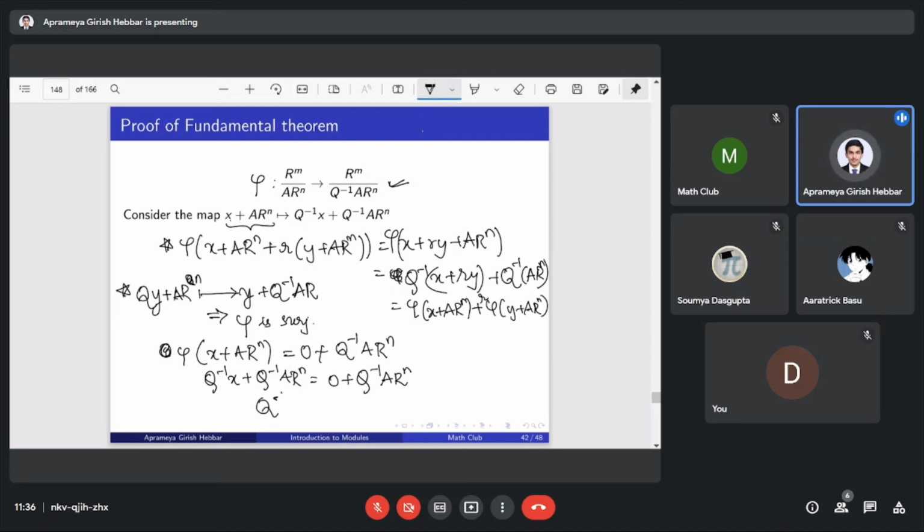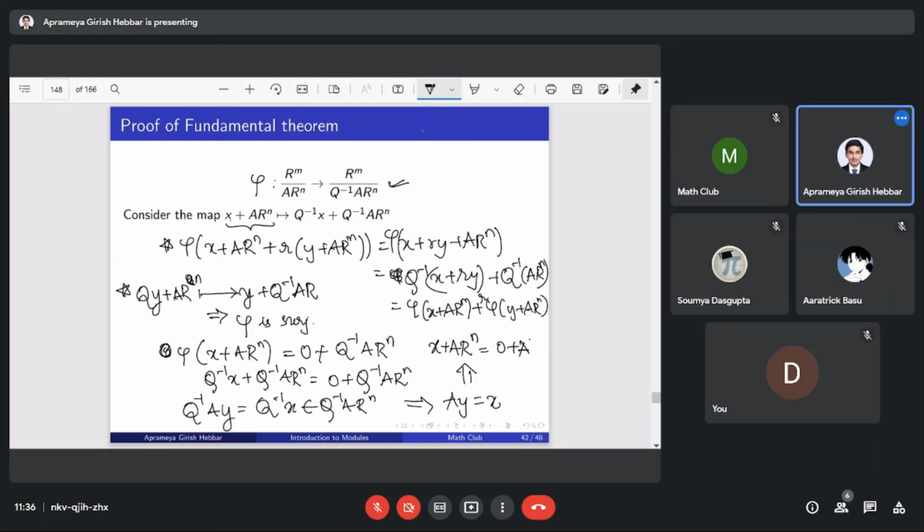This means that Q inverse x belongs to Q inverse ARⁿ. In particular, you can have some element y such that Q inverse Ay equals Q inverse x. Multiplying by Q on both sides, this gives Ay equal to x. So what does this mean? This means x plus ARⁿ is just 0 plus ARⁿ, because x is already equal to Ay for some y.